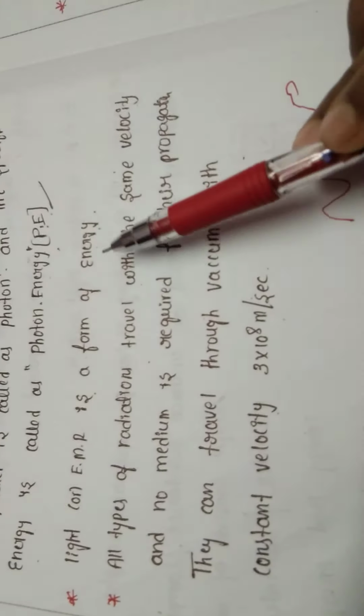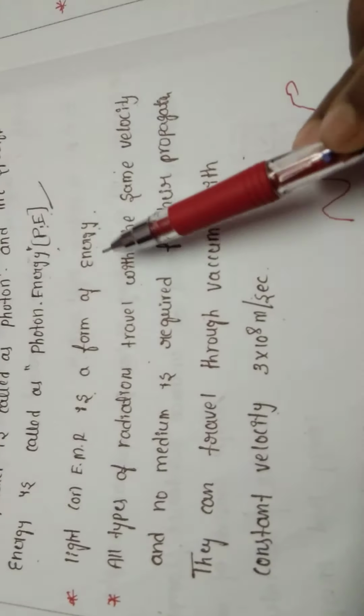I can take an example: if I take a particle having charge and accelerated motion, then because of the charge, the particle creates an electric field around the particle.